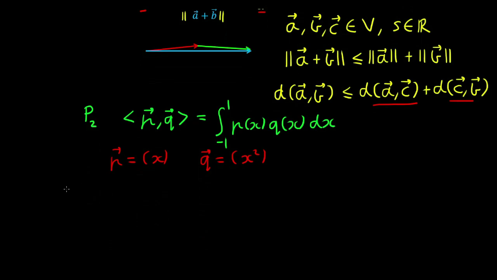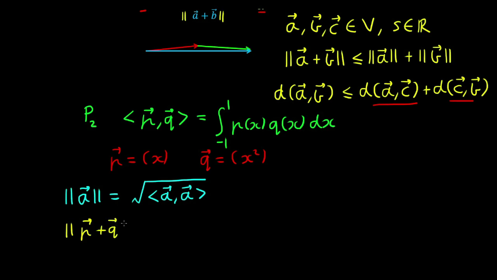And recall that the norm of a vector is the square root of the inner product of the vector with itself. So therefore the norm of p plus q is equal to the square root of the inner product between p plus q and itself.